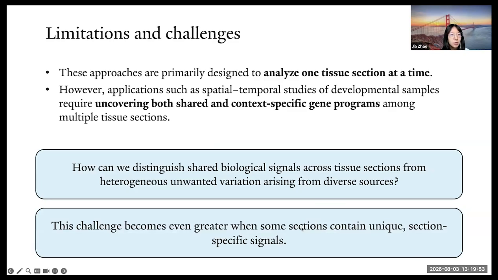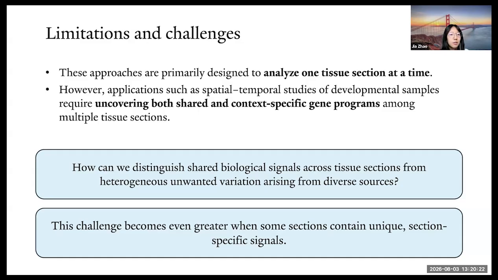To summarize, what are the limitations and challenges of current interpretable methods? The previous methods only handle one section at a time, but now we need to uncover both shared and context-specific gene programs simultaneously for multiple sections. And what is the challenge? Suppose we have 10 sections.